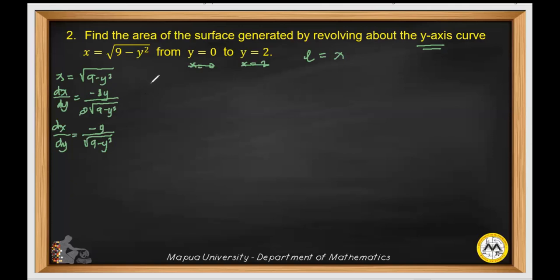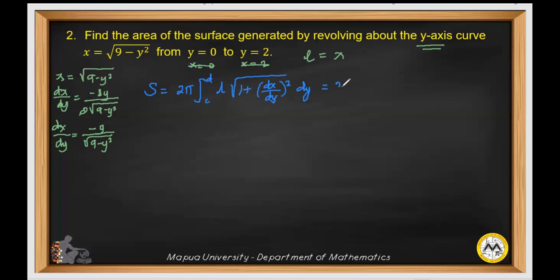Now, how do we get the area of a surface of revolution when x is a function of y? The area of surface of revolution when x is a function of y is 2 pi integral from c to d of L times the square root of 1 plus the square of the derivative of x with respect to y. And the variable of integration, of course, is y.